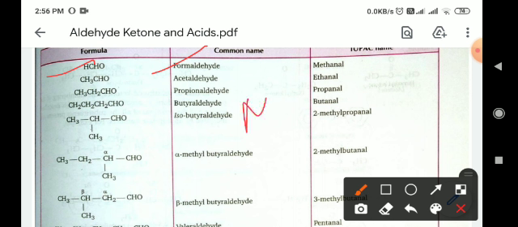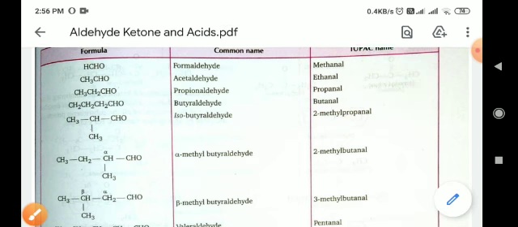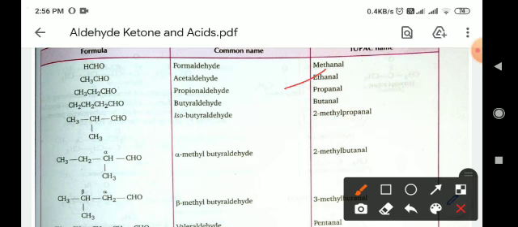For one carbon we use meth, all carbons are attached with single bonds so ane, and for the aldehyde suffix al. So that is methanal. For two carbons it is ethanal, three carbons propanal, four carbons butanal, and it is also known as 2-methyl propanal because after numbering 1, 2 and 3, at carbon number 2 there is a methyl group branch attached, so it will be 2-methyl propanal.